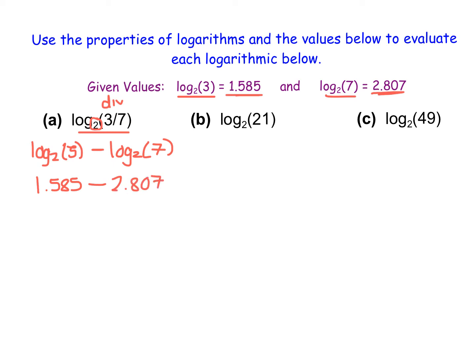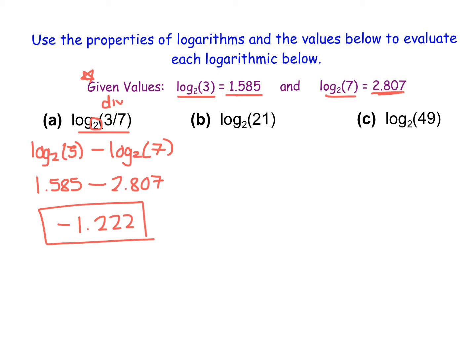So if I take 1.585 and subtract 2.807, I end up with an answer of negative 1.222. So by using a combination of some given values here, as well as the properties of logarithms, I was able to actually evaluate this logarithm and find its value.